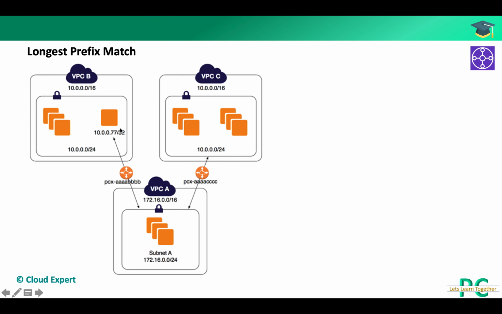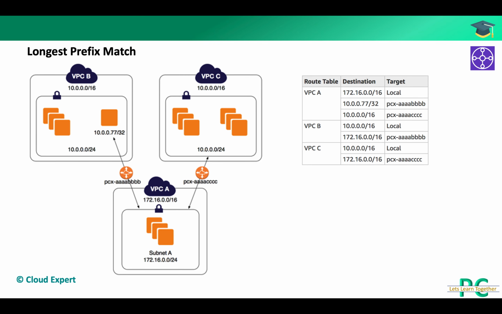Because with normal VPC peering routing table updates, if I try to ping 10.0.0.77/32, VPC A won't be able to understand where it should send the request, to VPC B or to VPC C. For that, we have to modify our route table in a bit different way.